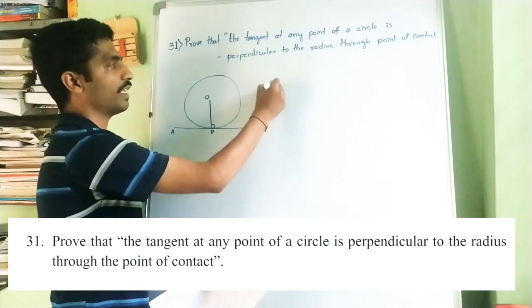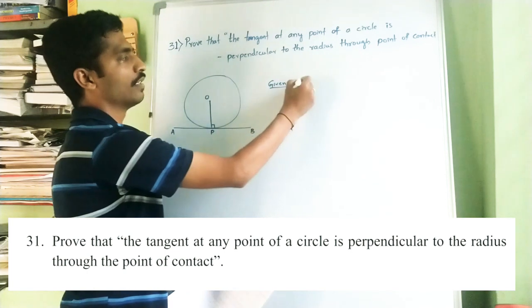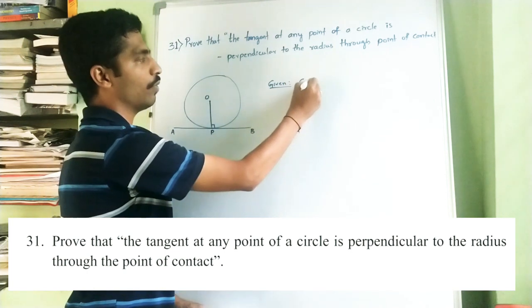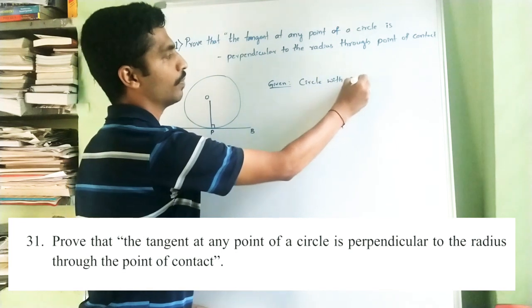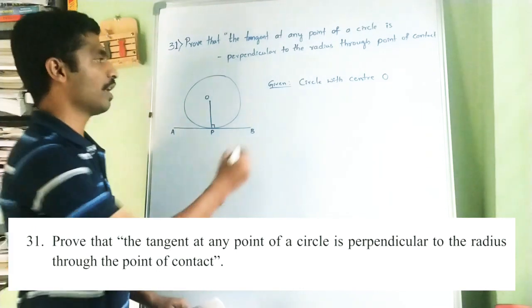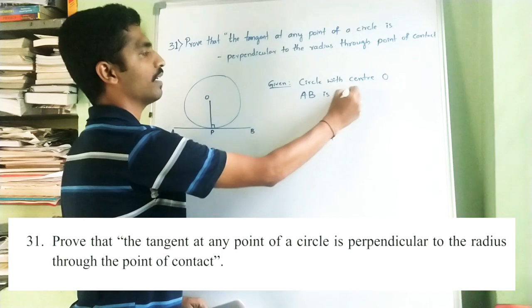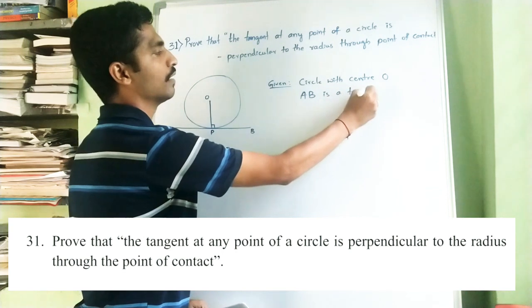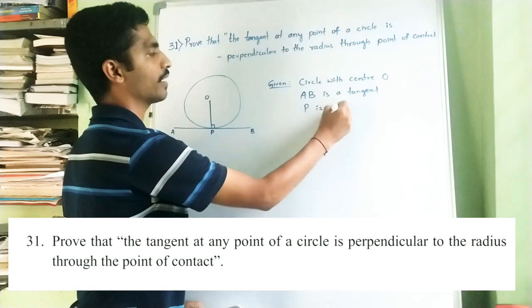Given is the thing you have to write first. What have they given? Circle with center O, and AB is a tangent. P is the point of contact.